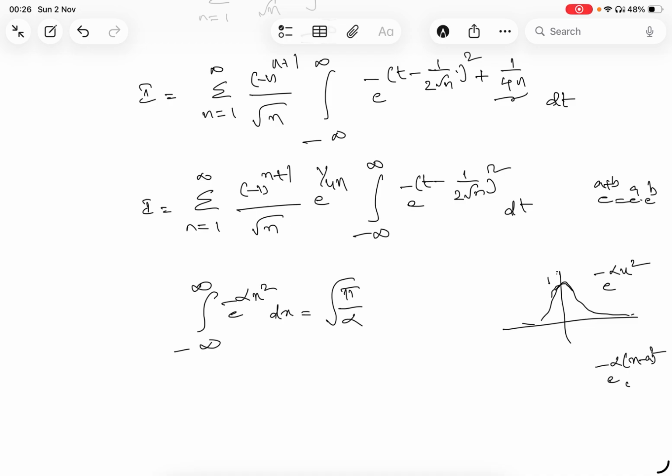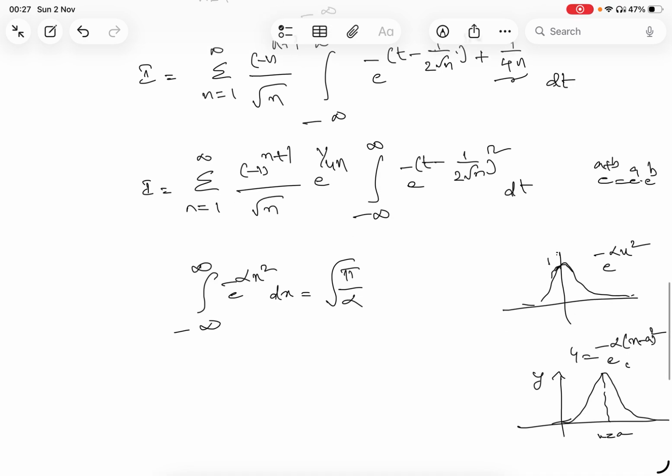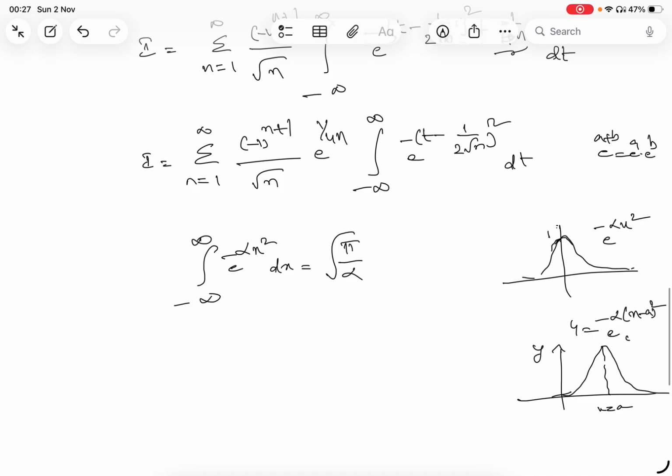That means the highest point is shifted, that is at x equal to a, then this is y, which is e power minus alpha into x minus a whole square. If you are integrating it from minus infinity to plus infinity, then shifting doesn't matter because it covers every area, right? So here it's just nothing but the same formula.